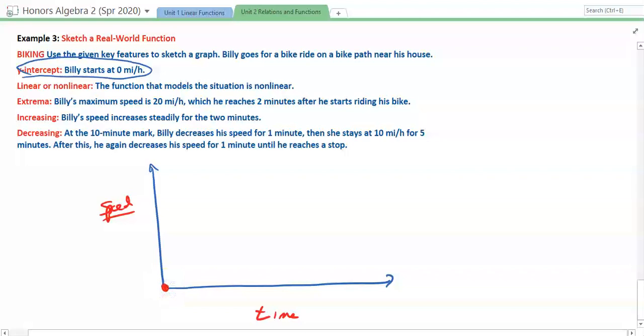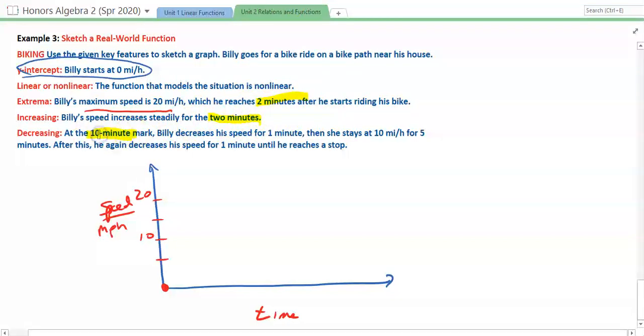Now you see I haven't labeled any time marks or any speeds yet because we haven't gotten through the rest of the problem. But as we build this out, we're going to see his maximum speed is 20 miles an hour. So I'm going to go 5, 10, 15, 20. And our speed's in miles per hour. And as we start looking at the time, we've got 2 minutes here, 2 minutes here, but those are actually the same 2 minutes as we read through this problem.